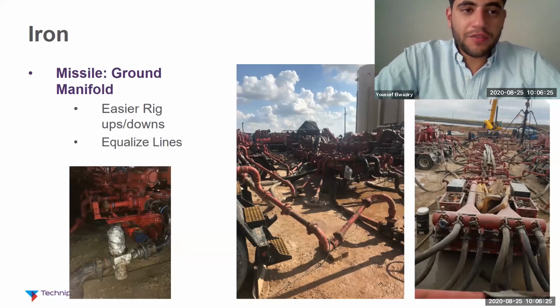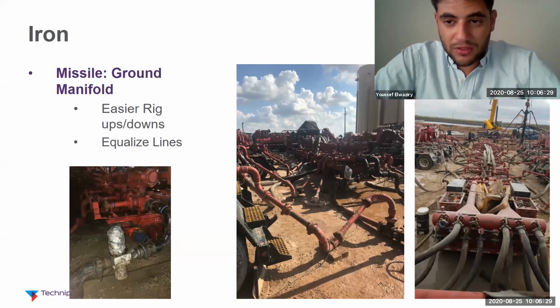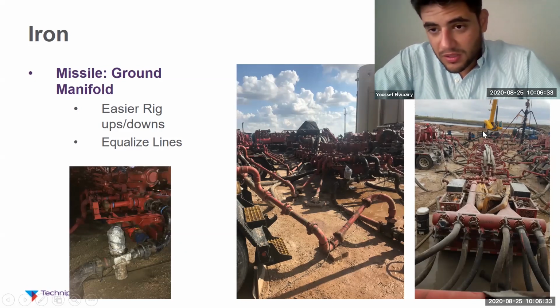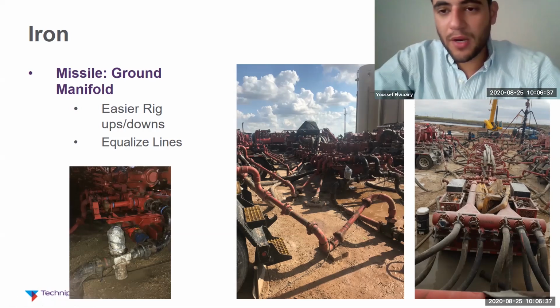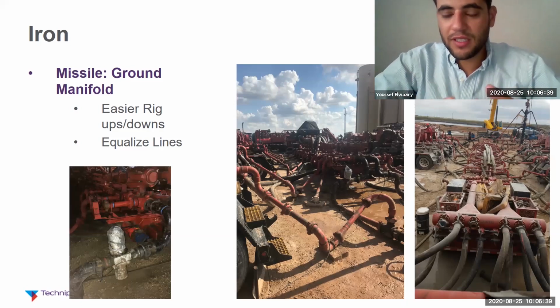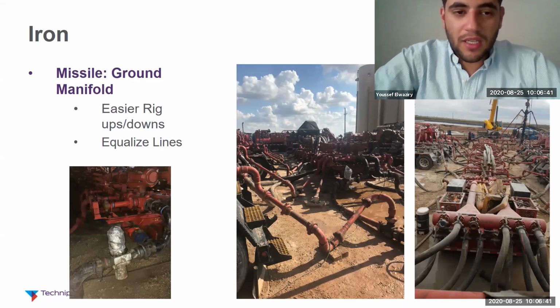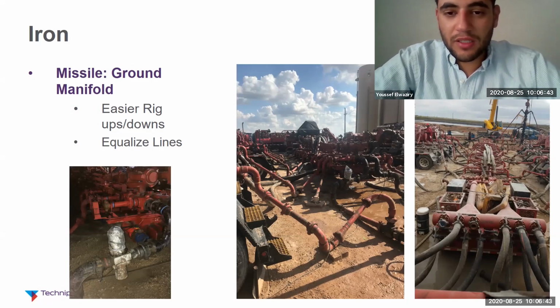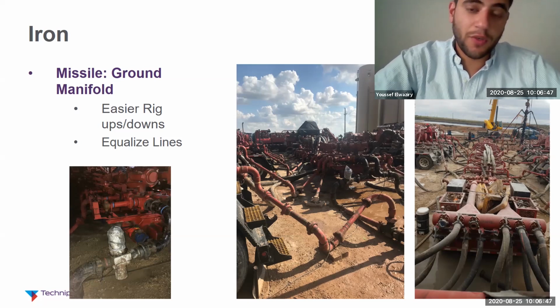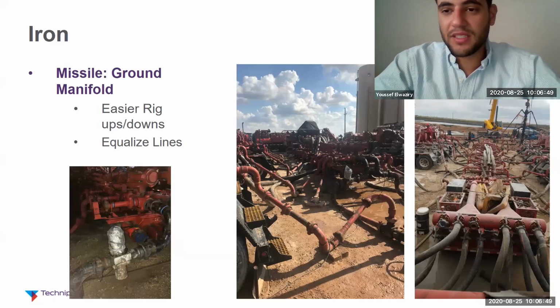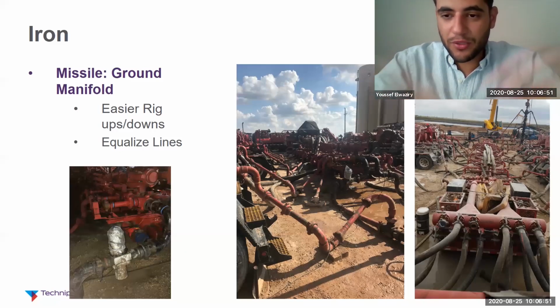Another part of the iron layout that we're talking about is the missile. Missile is basically where all the pumps pump their fluids. They get mixed in the missile, and it's just used to rig up the location easier and rig down quicker. Rig up means basically come to the location and put everything together.